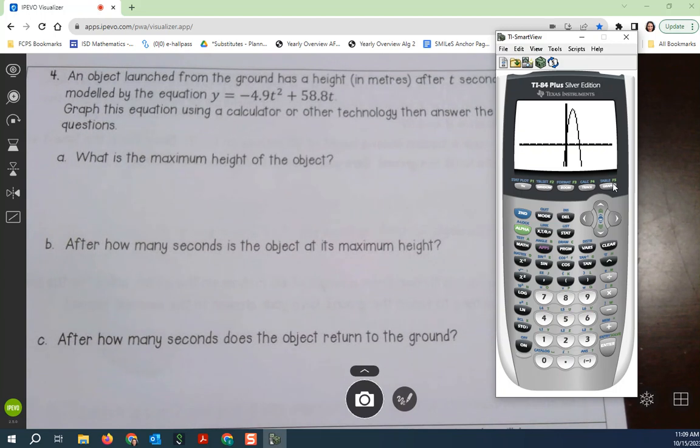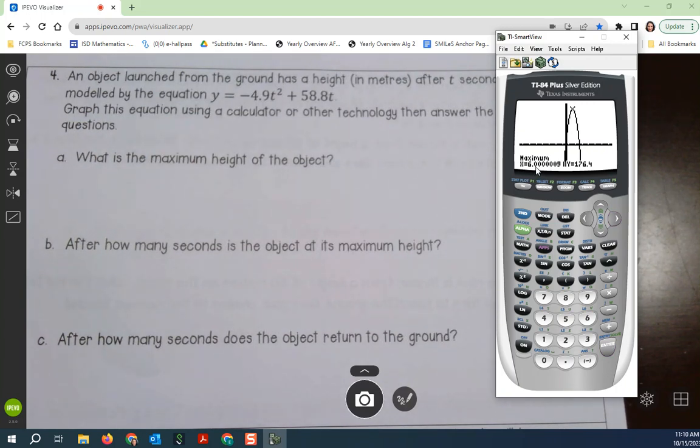All right, what is the maximum height? So I need to find the maximum there. So I'm going to do second, calculate, and maximum, which is choice 4. For the left bound, I could actually press enter right there as long as you're to the left of the maximum. And then right bound, you need to move to the right of the maximum. And then enter, enter. All right, so again, a rounding error here.